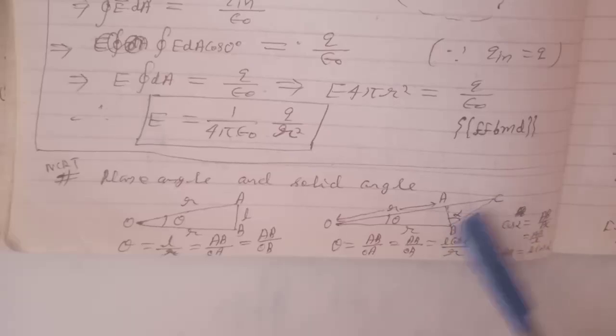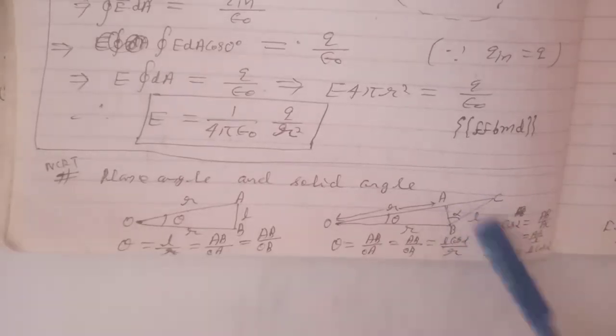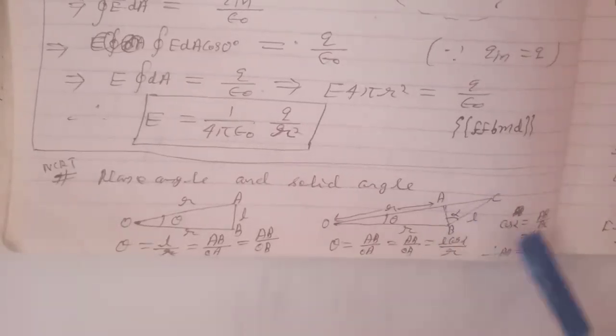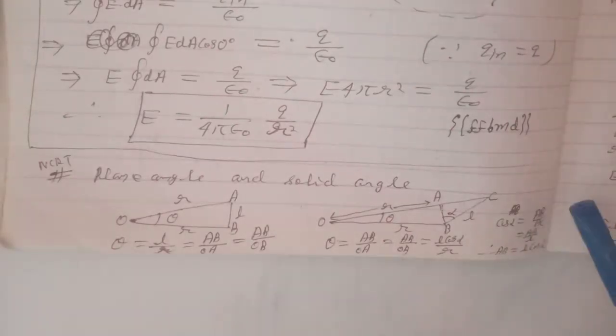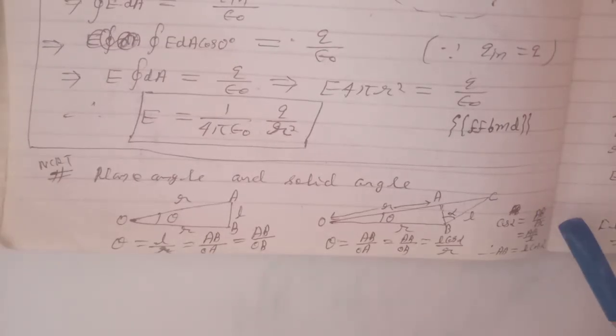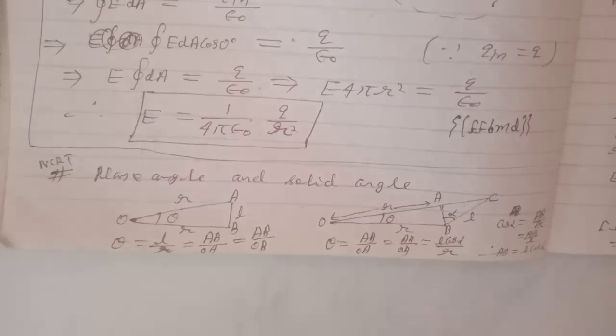We know L, and this angle alpha. So in triangle ABC, cos alpha will be equal to AB by BC, sorry, AB by BC, not AC.